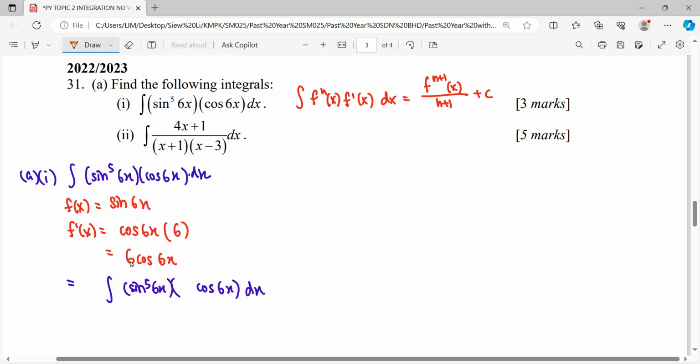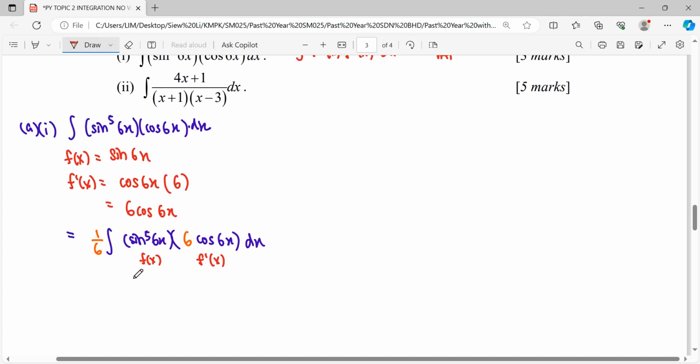So what we need here is 6 cos 6x. Once I multiply into the question, we need to divide back, so it will be maintained as the same question. But we can get the pattern where this is our f(x) and this is our f'(x).